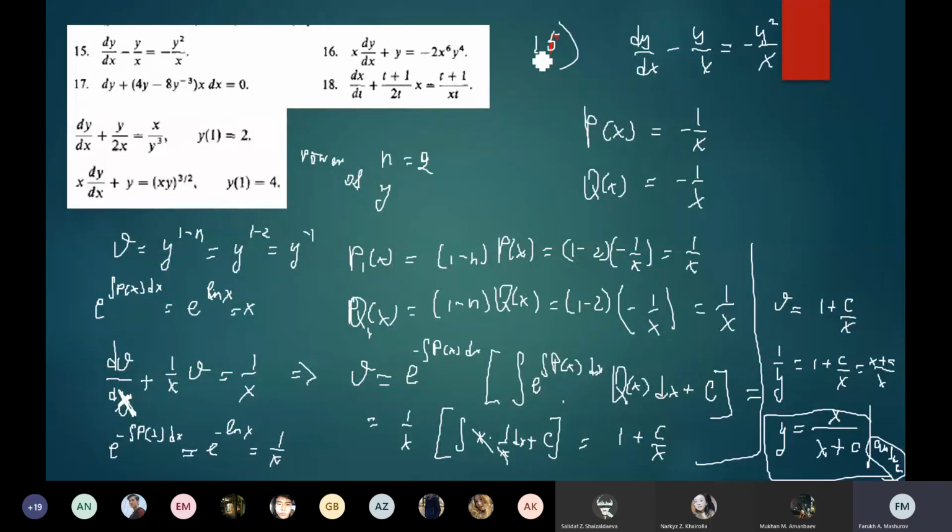I think there is no equation about Bernoulli. Just linear equations, linear and separable, homogeneous, exact equations, just up to Bernoulli. Okay, do you have any questions here?